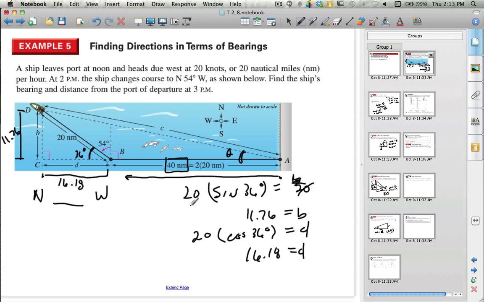16.18. Okay, that means that this whole length here is 40 plus 16.18, so that whole amount would be 56.18.